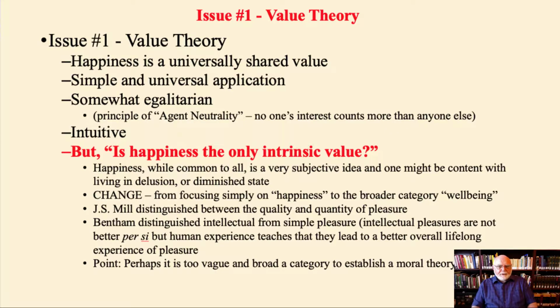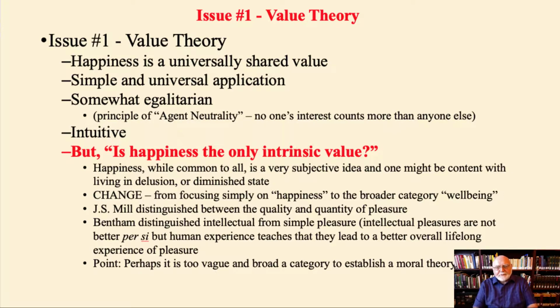The value theory. Happiness is a universally shared value. Pain is a universally shared experience. This theory is clearly universal. Every human being experiences pain, enjoys happiness. It's obviously universal.